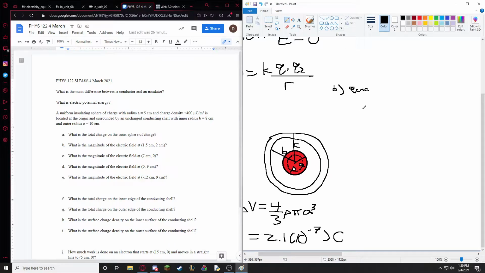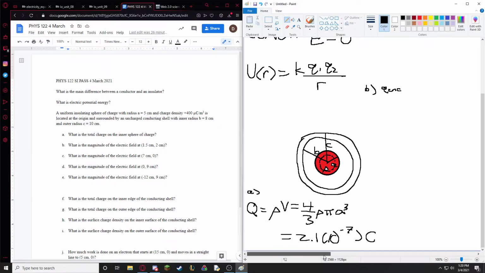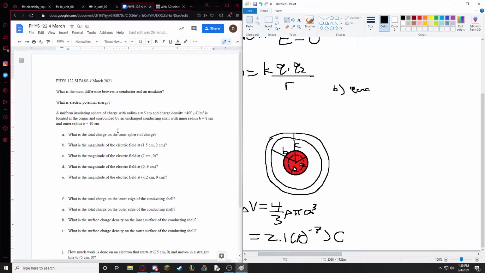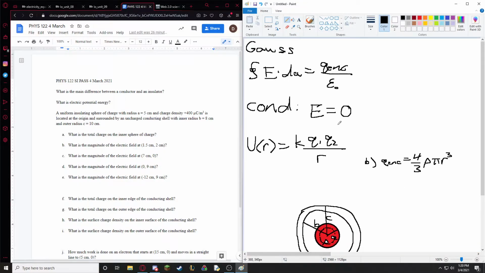Yep, so it's rho times 4/3 pi r cubed, r being whatever the hypotenuse of 1.5 and 2 comes out to be. So Q enclosed is 4/3 rho pi r cubed, and our integral for E dot dA ends up becoming what?